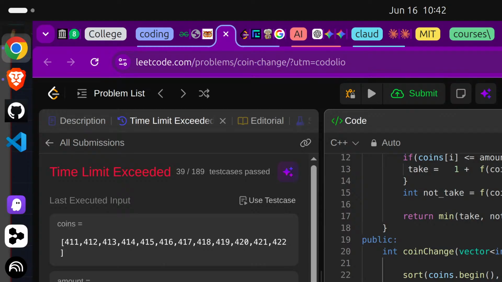Okay, 0 we can divide like this. And if amount is 0, then how many ways we can do this?